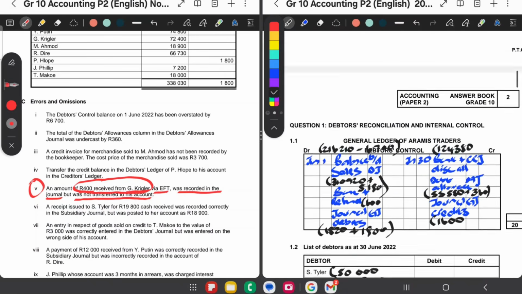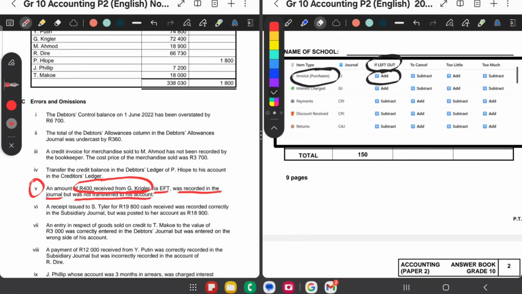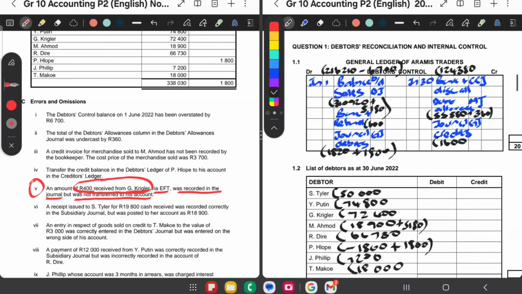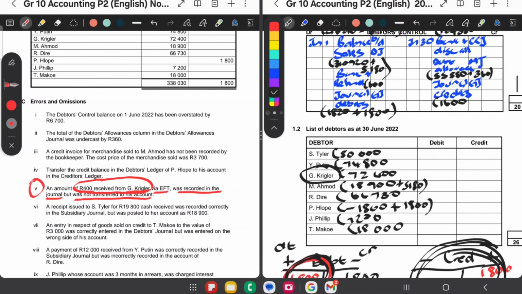So when you receive a payment, let's go up to our list over here. If it's left out, we must go minus that amount. So it will make his account less. So okay, let's go look for his name. So there it is. So to his account, I'm just going to minus 400 Rand. Okay, so that's now out.